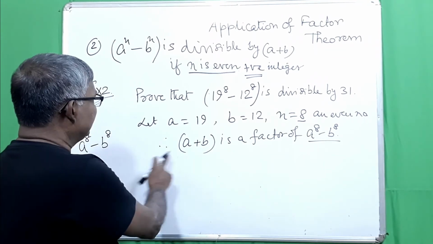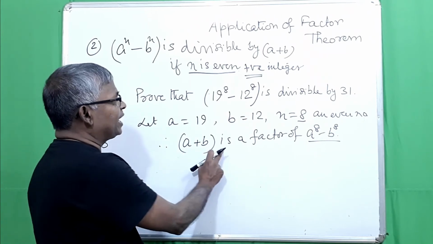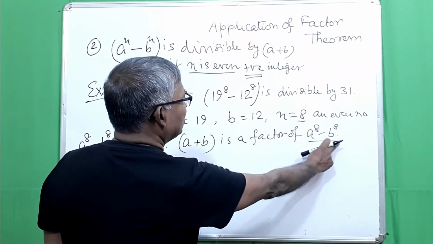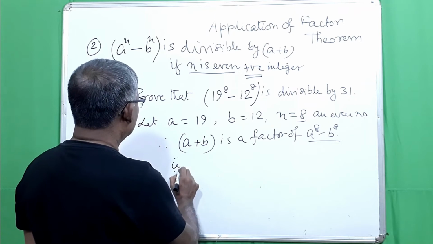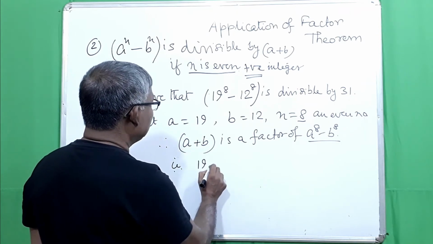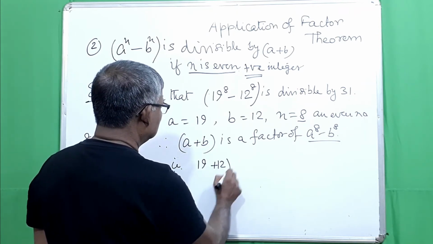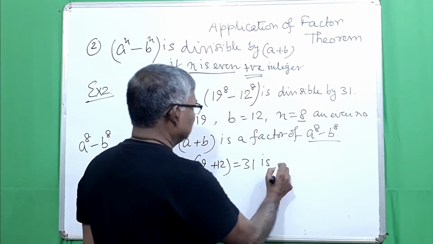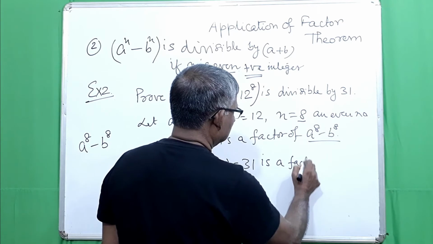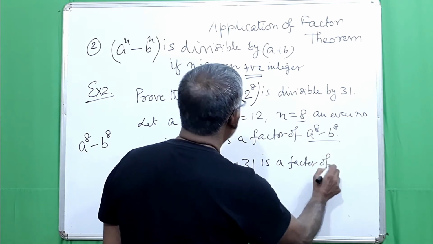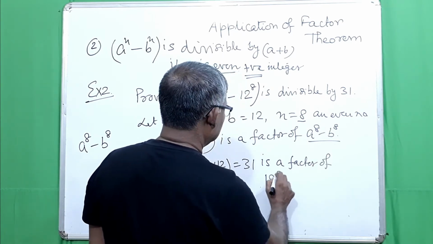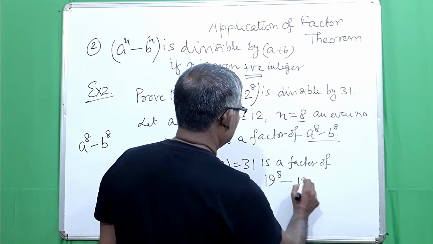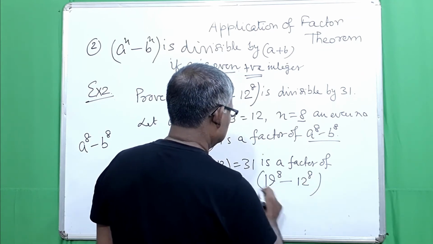Therefore we can say a plus b is a factor of a to the power 8 minus b to the power 8. That is, 19 plus 12 equal to 31 is a factor of 19 to the power 8 minus 12 to the power 8.